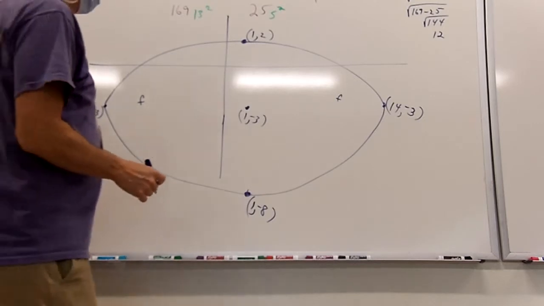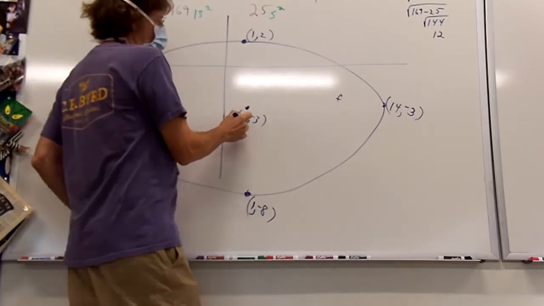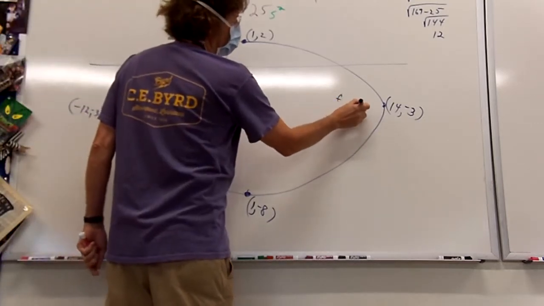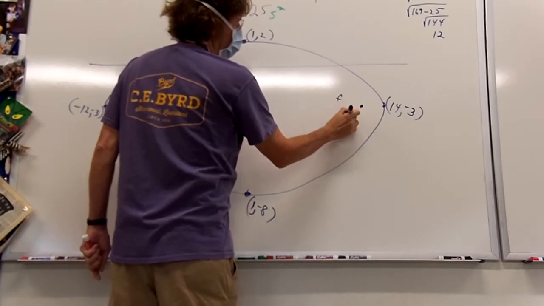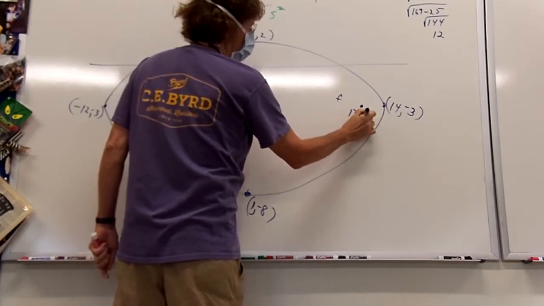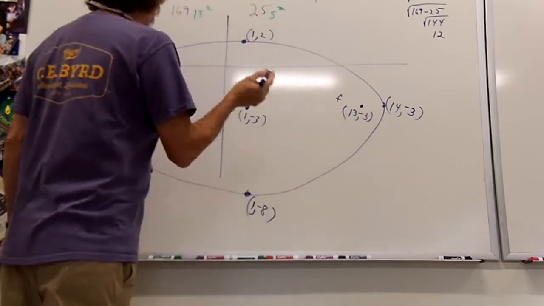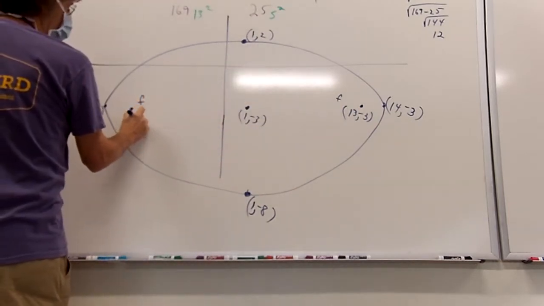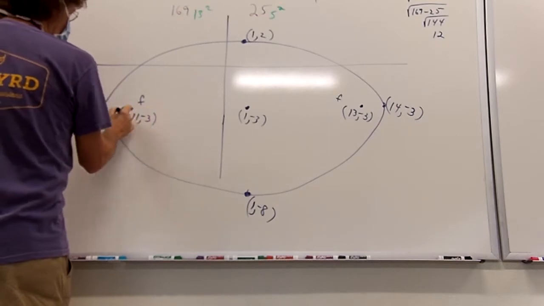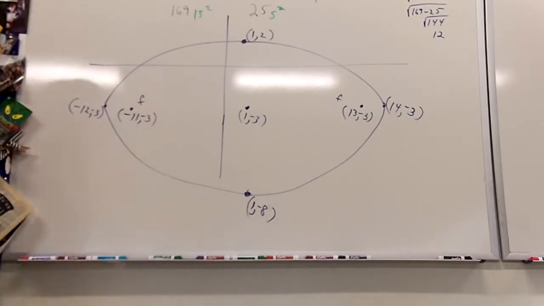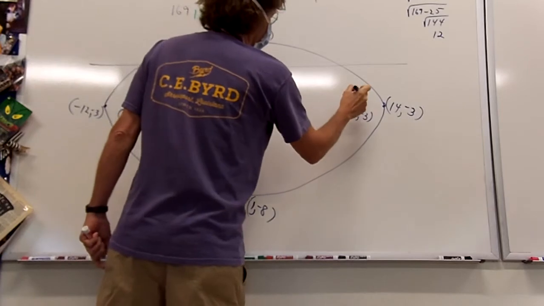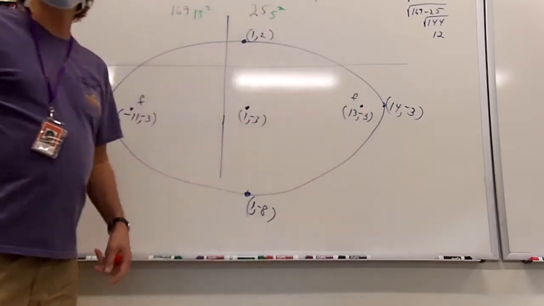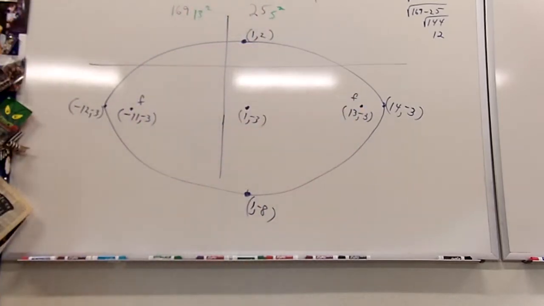So, I'm going to count over 12. 1 plus 12 is 13. 1 minus 12 is negative 11. And I'm going to leave the little s there. And you'll notice I didn't really put that one in the right place, but it at least gave you an idea of where it was going to be.